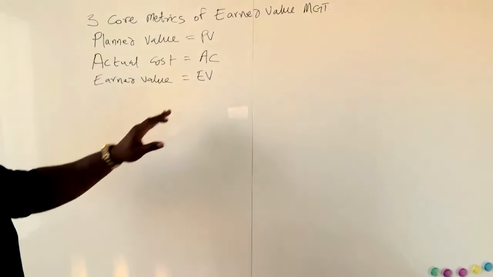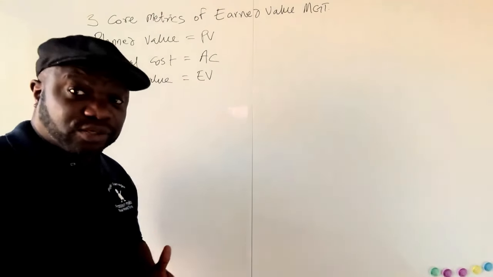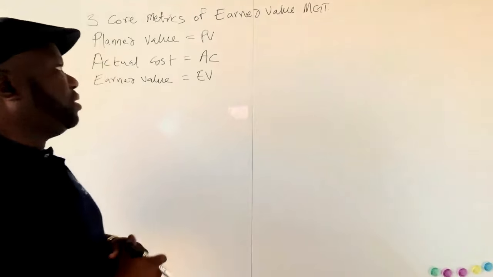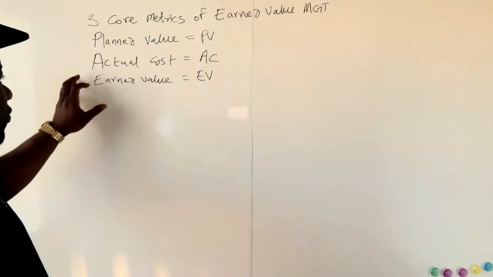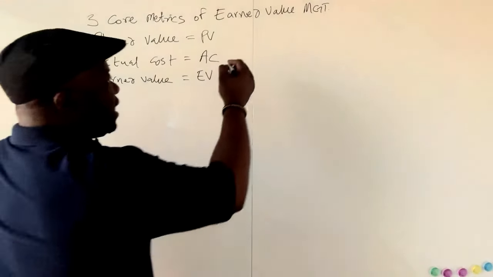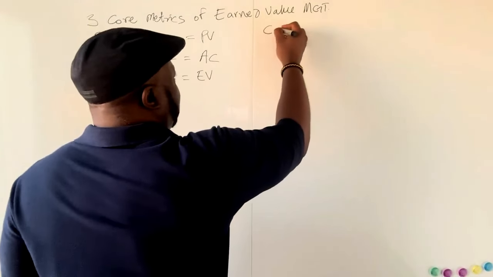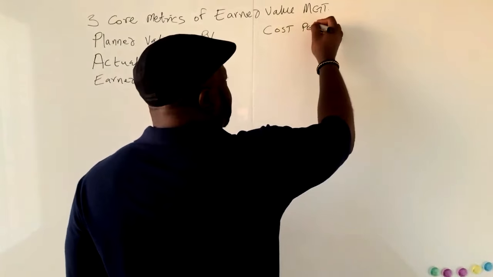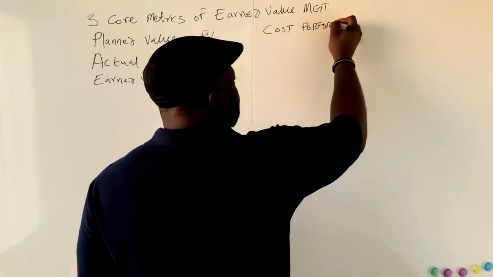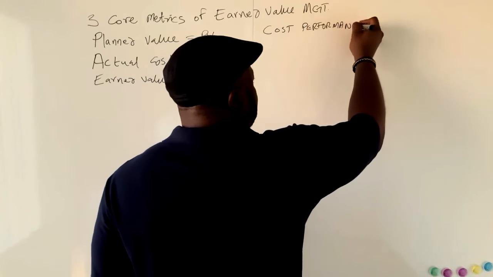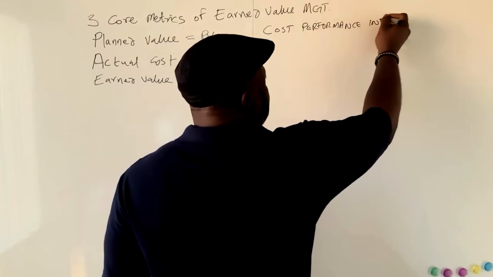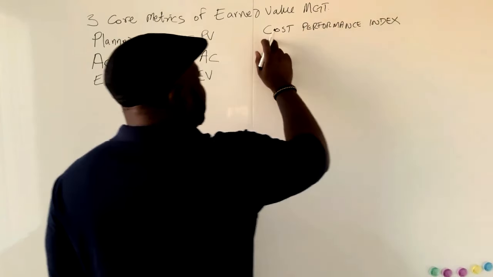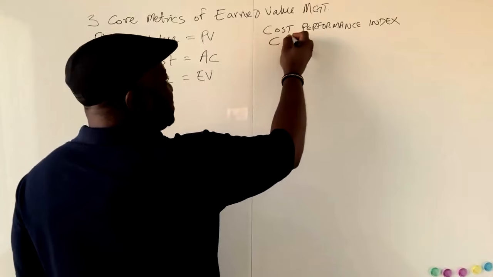And these core metrics enable you to create additional derivative metrics. The derivative metrics that you get from these are as follows. You have a cost performance index, and we refer to the cost performance index as CPI.